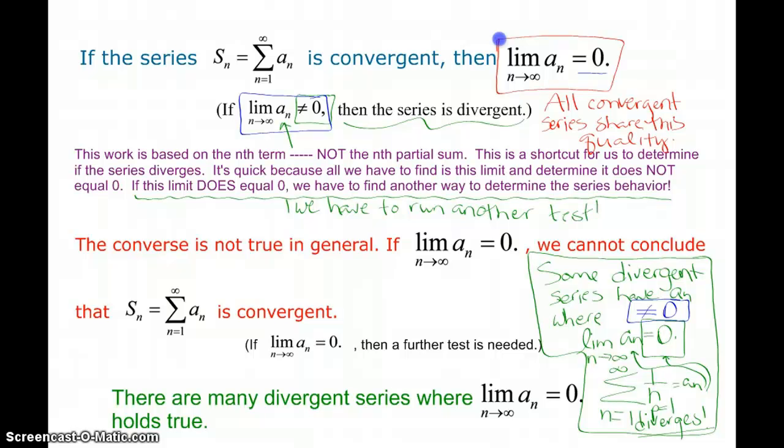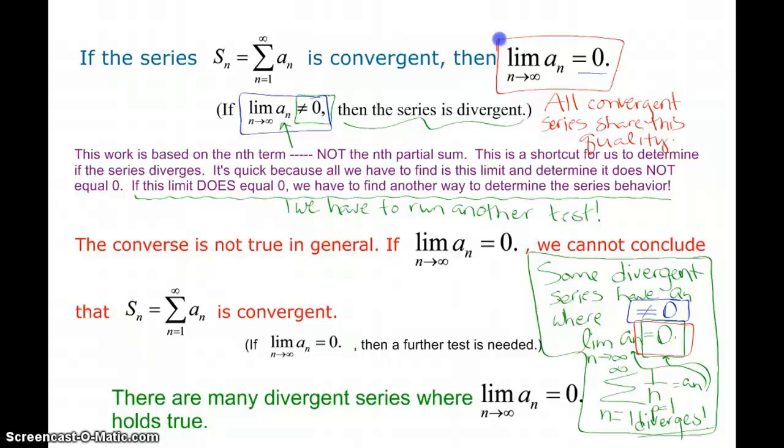And yes, we have more tests to learn. So we're not after this set of divergent series. This limit's not going to tell us anything about those. We could not use this test to determine whether the harmonic series was convergent or divergent. The harmonic series fails the nth term test for divergence.